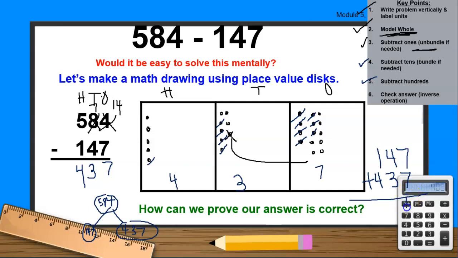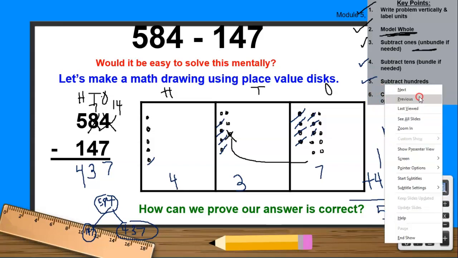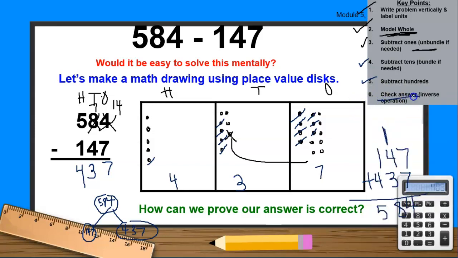Remember, I write the 4 in the ones place and the 1 in the tens place. 1 plus 4 plus 3 equals, well, 1 plus 4 is 5, and 5 plus 3 is 8. Now what's 1 plus 4? Yes, 5. Oh my goodness! This is called checking our answer, and we got it correct, boys and girls.